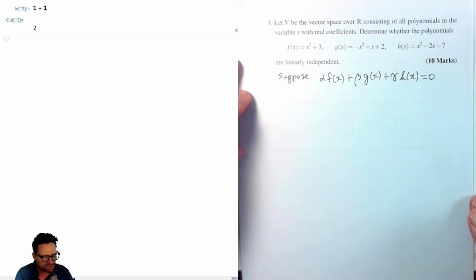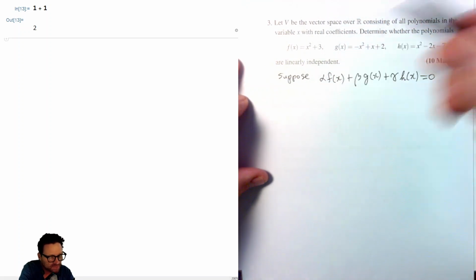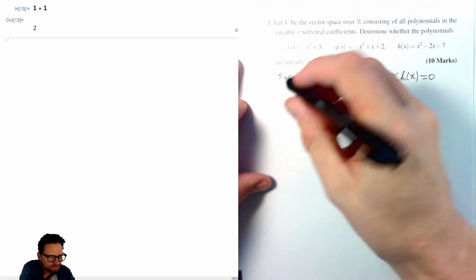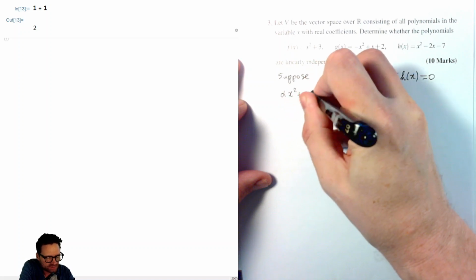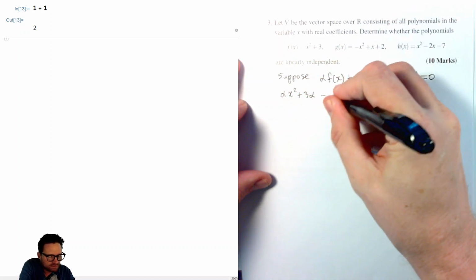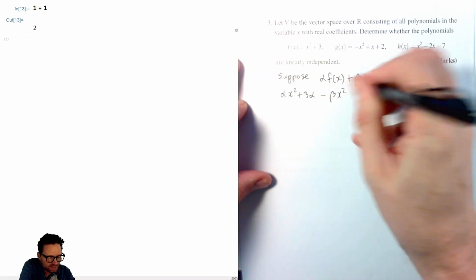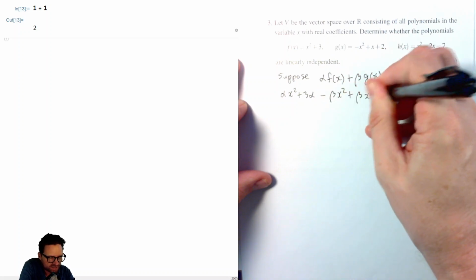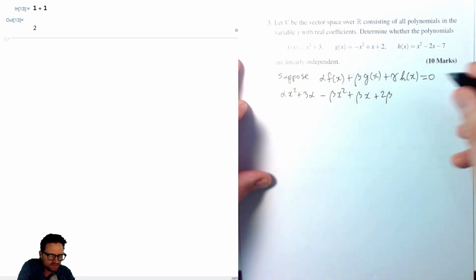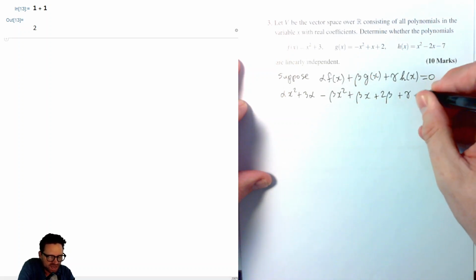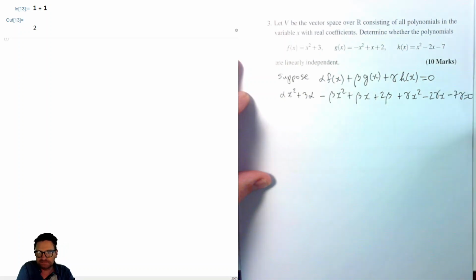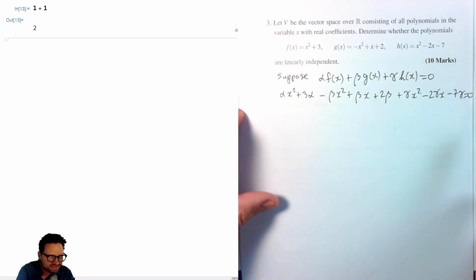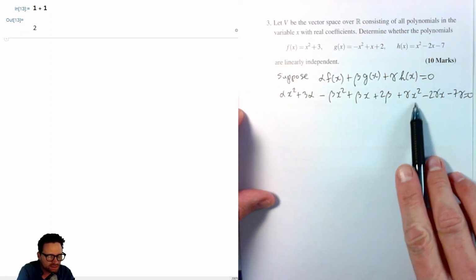And so if you were to expand these, let's go ahead and do that. So we would get alpha x squared plus (3 alpha minus beta x squared plus beta x plus 2 beta) plus gamma x squared minus 2 gamma x minus 7 gamma equals 0. Okay, so let's collect the like terms.